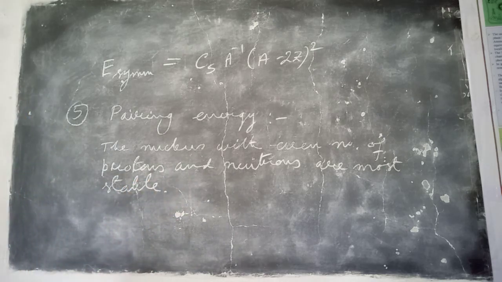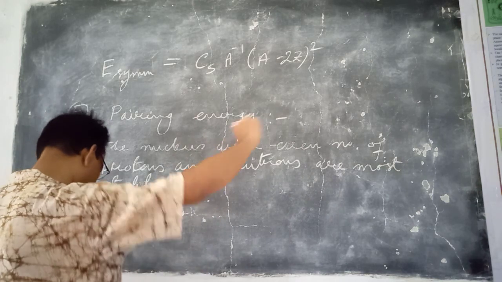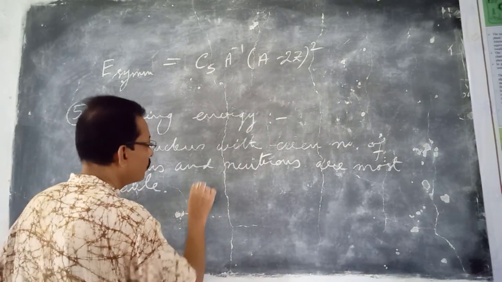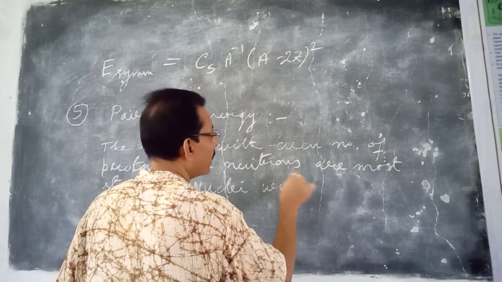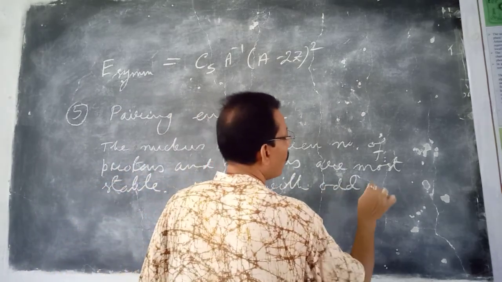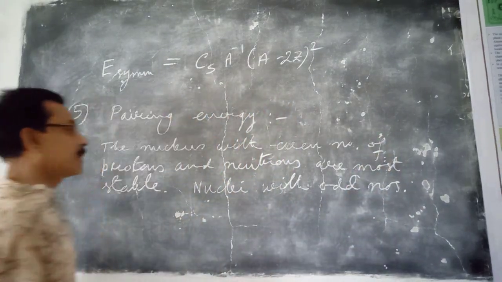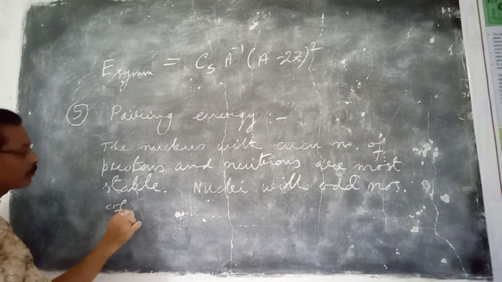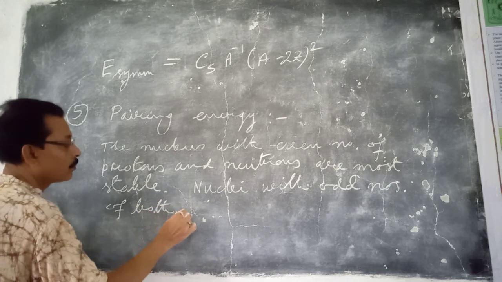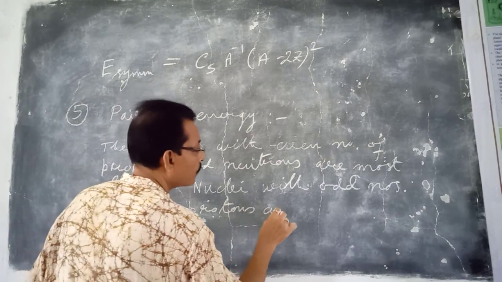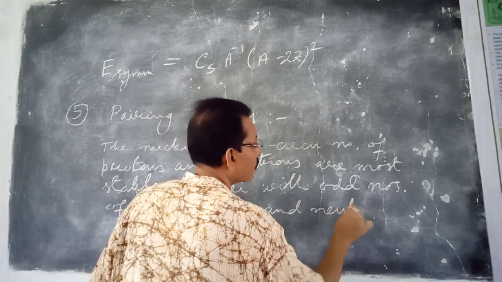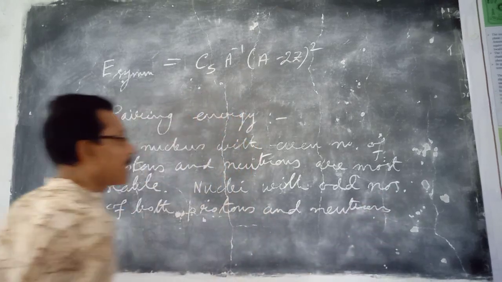But there are exceptions also. For some light nuclei, there are exceptions. And nuclei with odd numbers of both protons and neutrons are least stable.